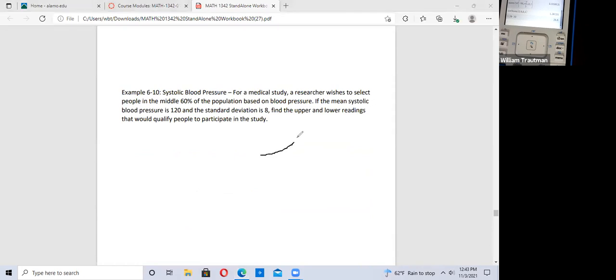Normal curve, so I'm going to draw a normal curve. Select the middle 60%. Here's where Z is 0. So the middle 60%, we want to select the middle 60. That means we want 30% on this side and 30% on this side.